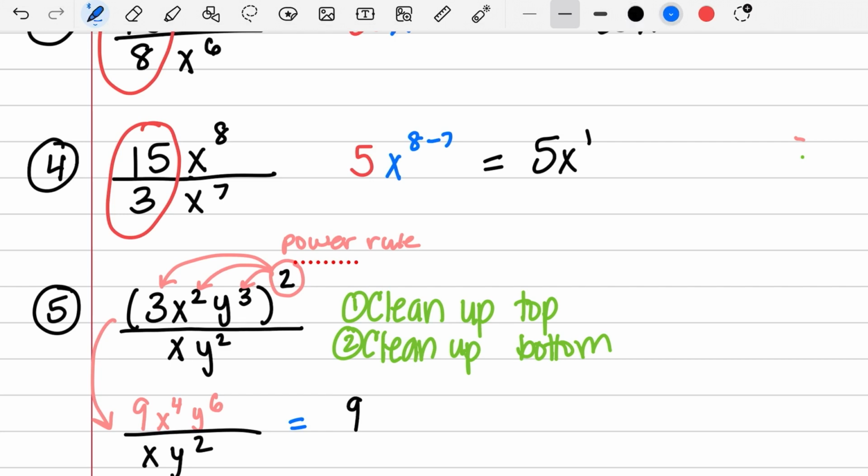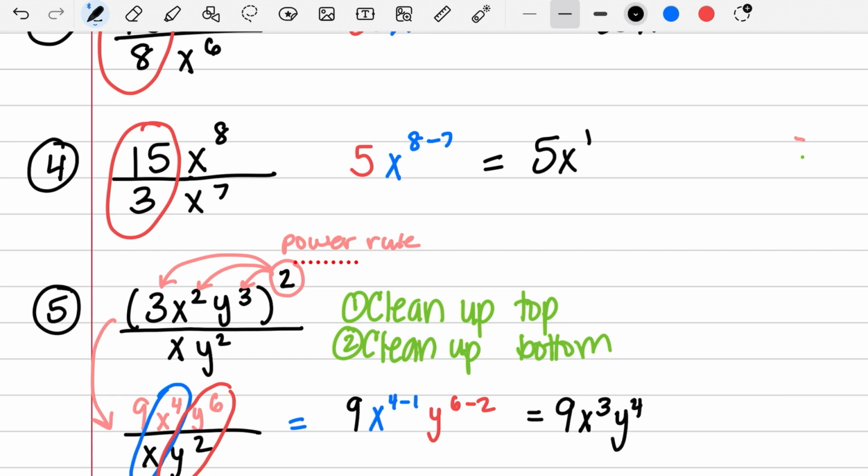Now, when you're subtracting your exponents, work on just the x's first and then the y's separately. So looking at the x's, x^4 minus that invisible 1, and then y^6 minus 2. Your final answer is going to be 9x^3y^4.